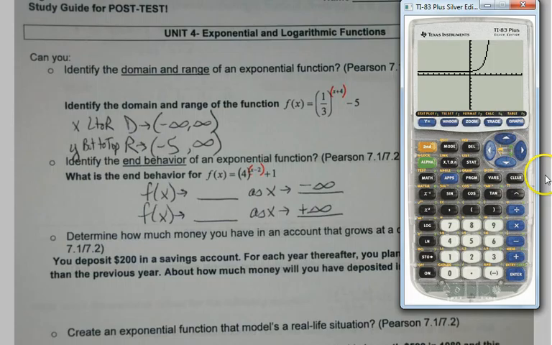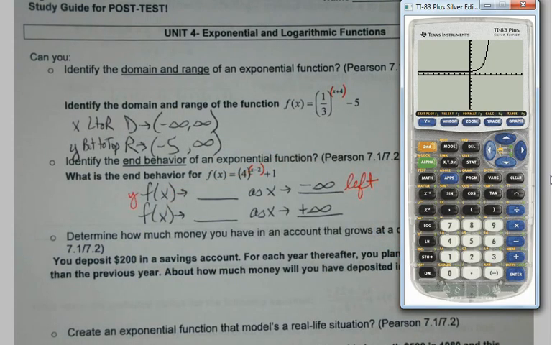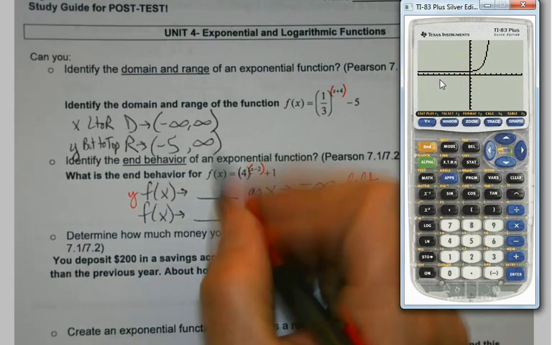And I graph it. Now this time, I'm looking to see how this works again. As x goes left, what happens to y is what this is basically saying. As x goes left, what value am I approaching? Well, it looks like it's leveling off right here at 1, and it's not going any lower.